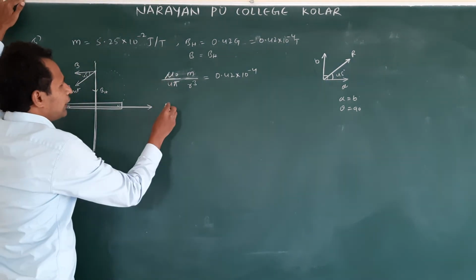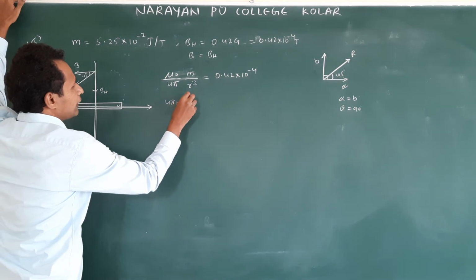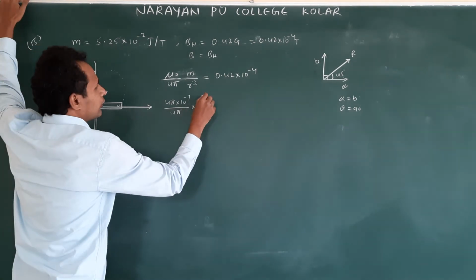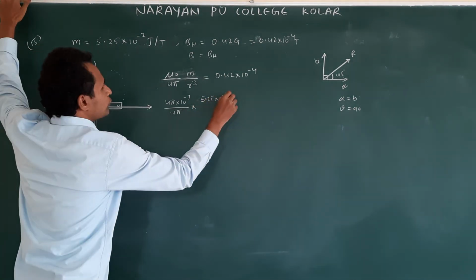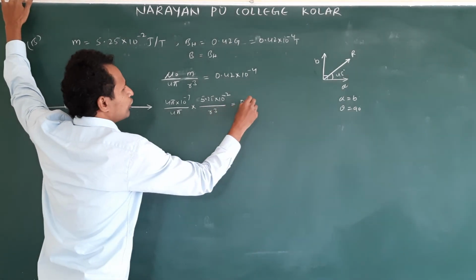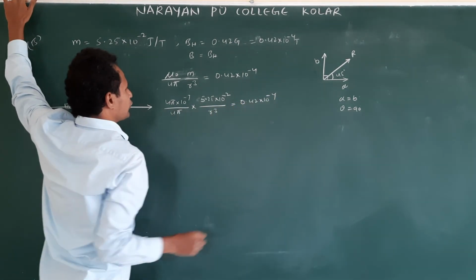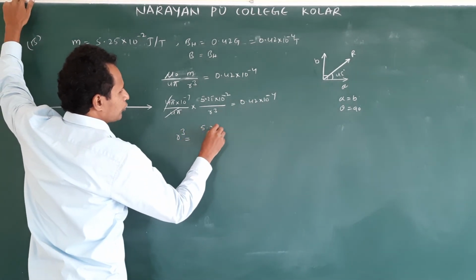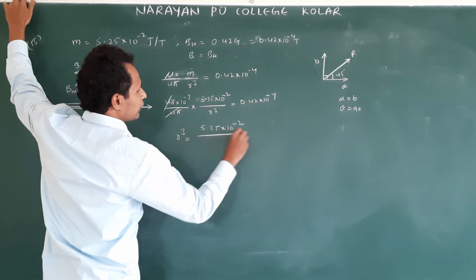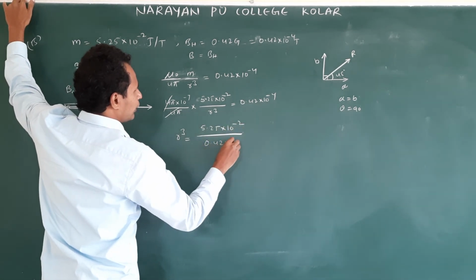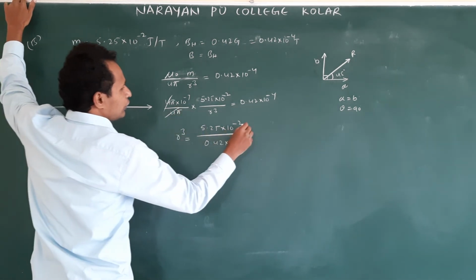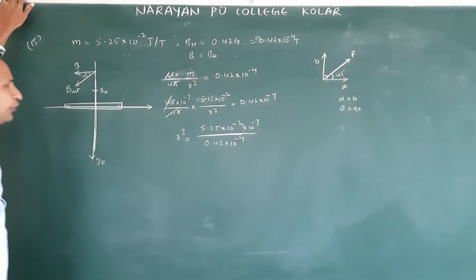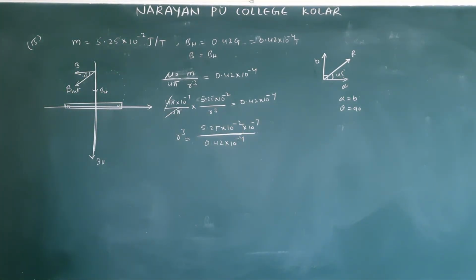Now substitute the values. 4 pi into 10 power minus 7 by 4 pi, M already given, 5.25 into 10 power minus 2 by r cube is equal to 0.42 into 10 power minus 4. 4 pi by 4 pi cancel, make r cube the subject. So 5.25 into 10 power minus 2 by 0.42 into 10 power minus 7 into 10 power minus 4. Clear?